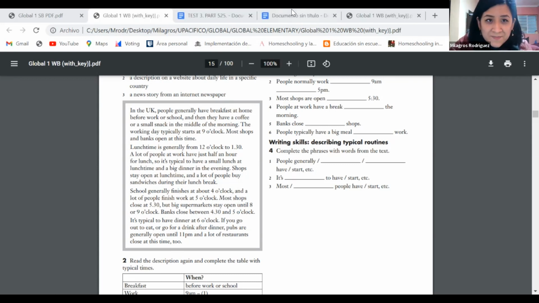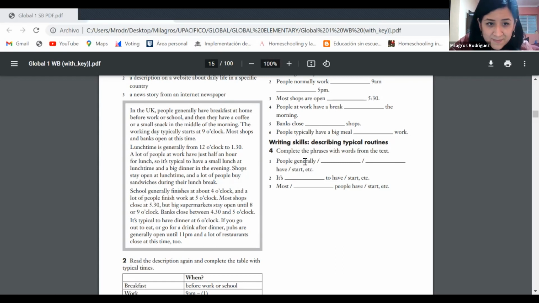People generally, or you can write typically, right? Words that are similar. Typically, generally.